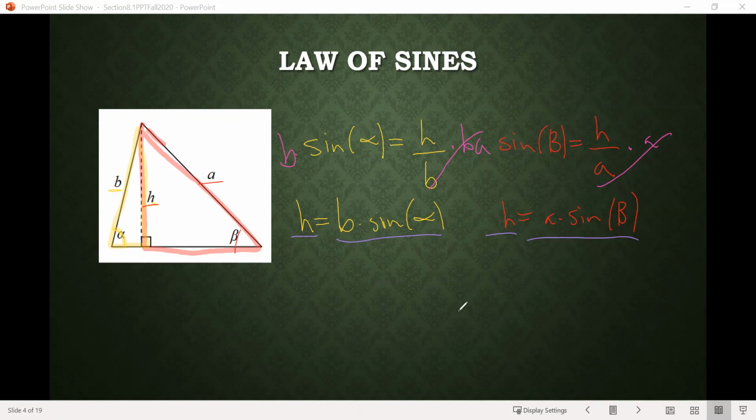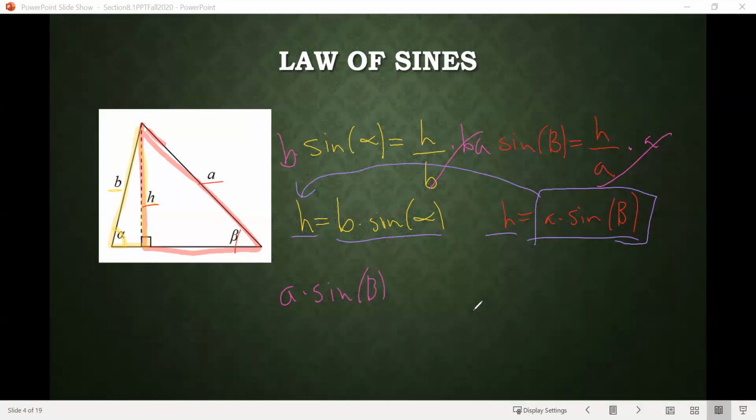So what we could do, for example, is take this expression here, and since h equals that, we can plug it in for the h over here. So that would give us one big equation that would look like a times sine of beta equals b times sine of alpha.